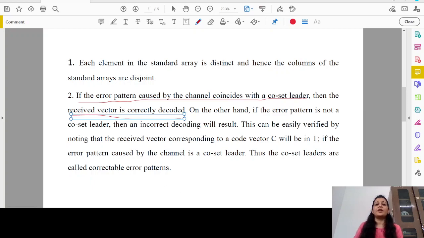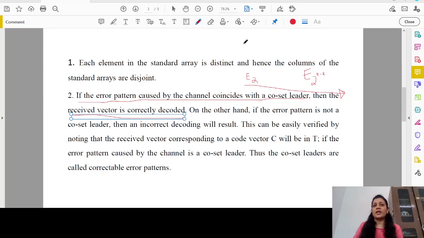So we just mean to say that, whatever error pattern you are considering, whether it is E2, E3 or any error pattern up to E2 power n minus k, if your channel is adding an error pattern that matches with any of the chosen error patterns, then your decoding strategy will work.